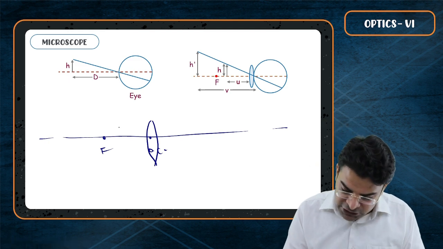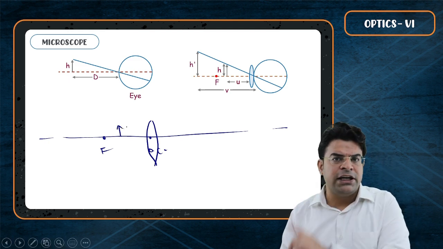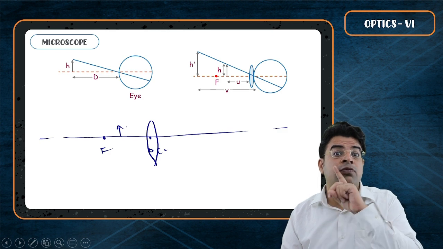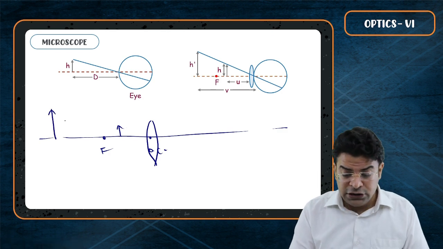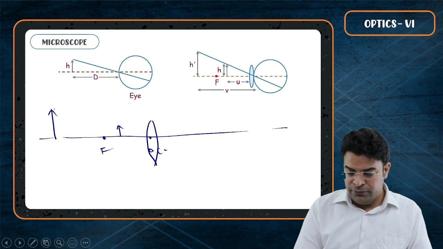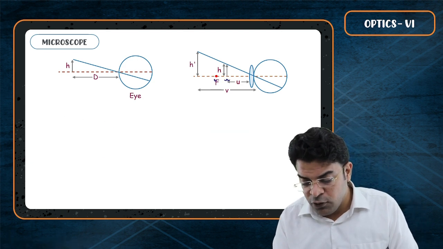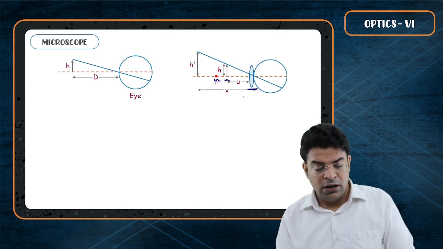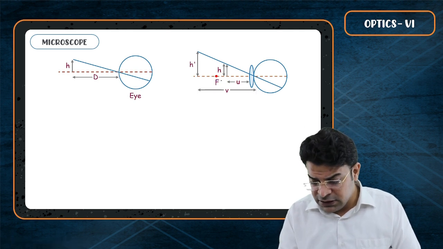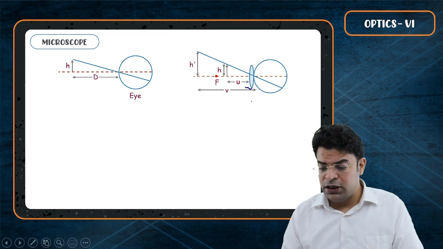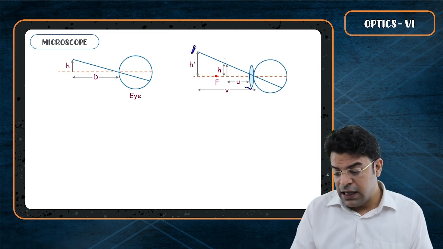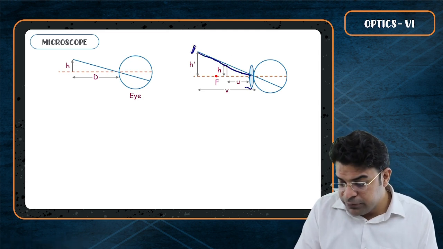So sir, the type of image we get is virtual, enlarged and erect. So if you place the object within the focal length of the lens, then this lens forms a virtual, enlarged and erect image.